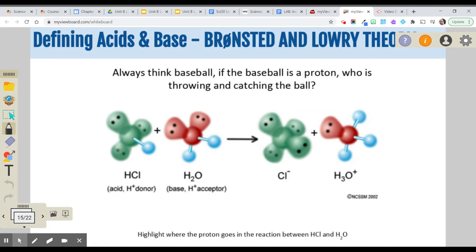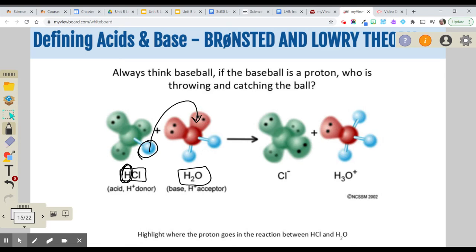So here's kind of like a simple diagram version of this. We've got hydrochloric acid, HCl, and we've got water. And the hydrogen from this acid, represented by this blue circle, is being donated to the water, and the water is accepting it.